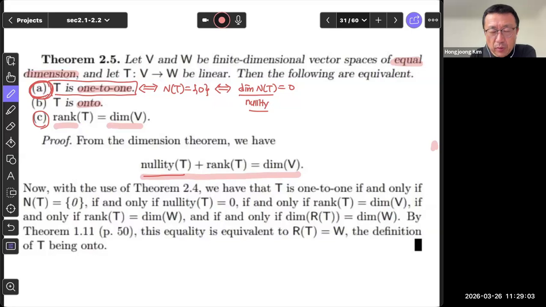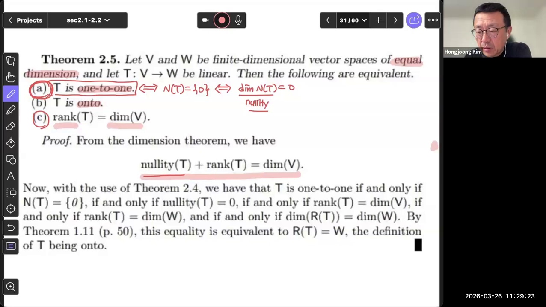So A and C are equivalent in any situation, right?